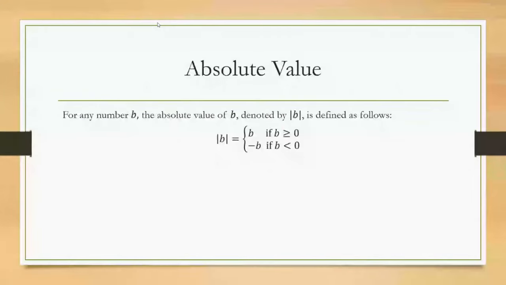The definition might be a little weird. If you have a number and you want to know its absolute value, B represents that number, and its absolute value is denoted by this, as you can see.